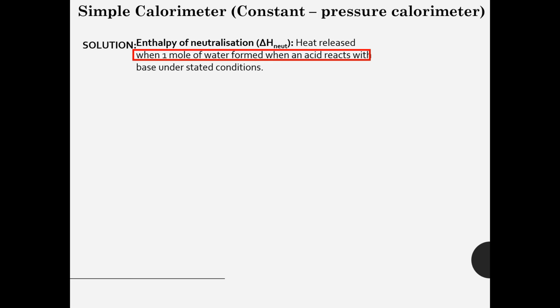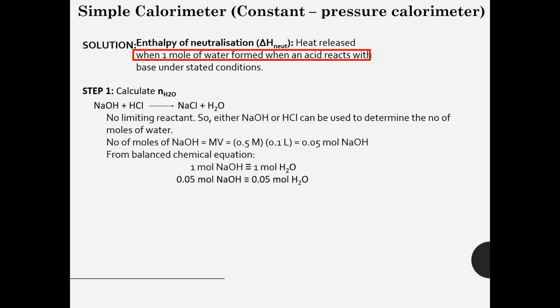Enthalpy of neutralization is defined as the heat released when 1 mole of water is formed when an acid reacts with a base under standard conditions. So it means that in the first step, we must calculate the number of moles of water, because in the definition it is defined for the moles of water.